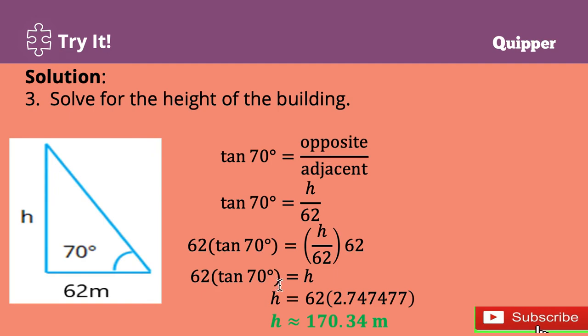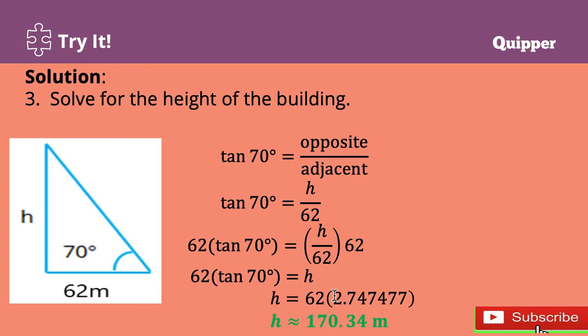Now, tangent 70 degrees is 2.7477. And we can switch them up. So we have h is equal to 62 times tangent 70. We simplify it using a calculator: 2.747477.